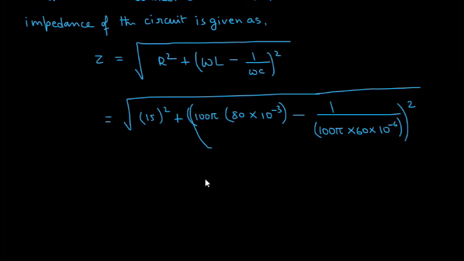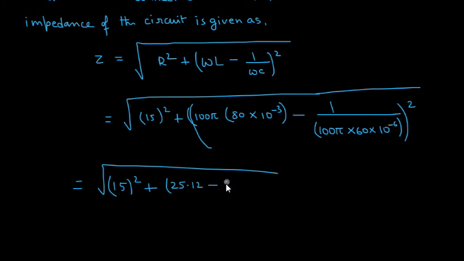Upon solving, we got 15 square plus (25.12 minus 53.08) whole square, which is equal to 31.728 ohm.